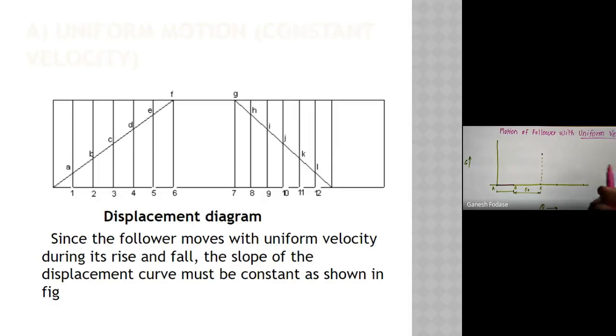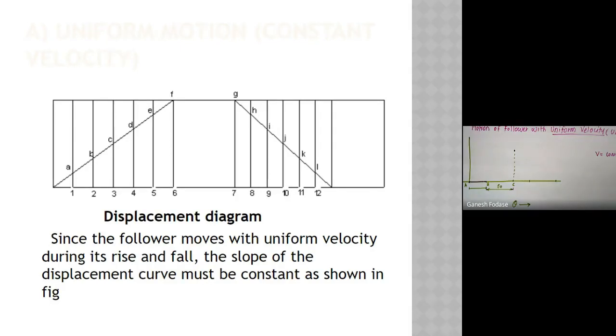Now as we know, it is a uniform velocity curve. The motion is uniform velocity. Motion is uniform velocity means the slope of the displacement curve is a constant. Because we know that velocity is constant, which is nothing but dy upon dt.